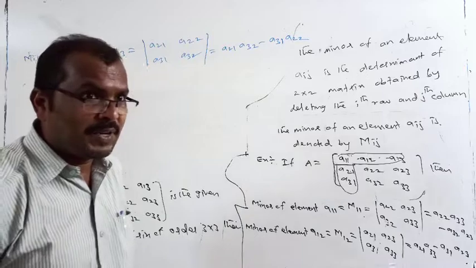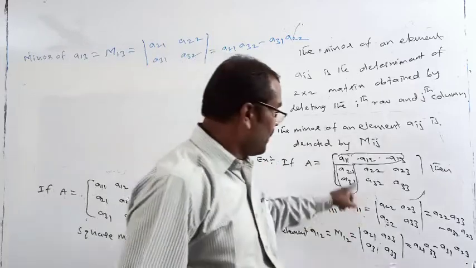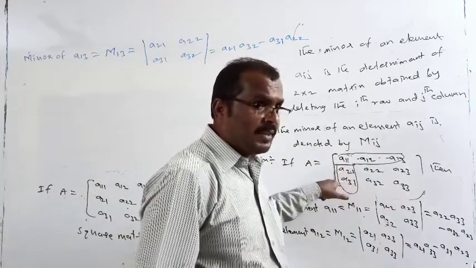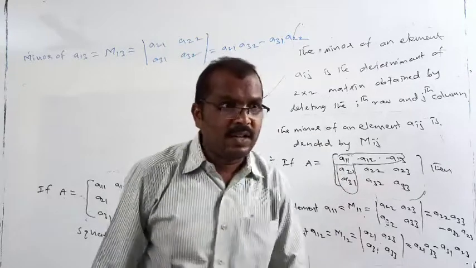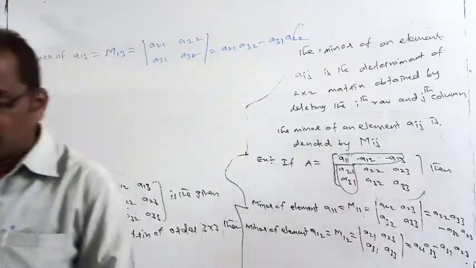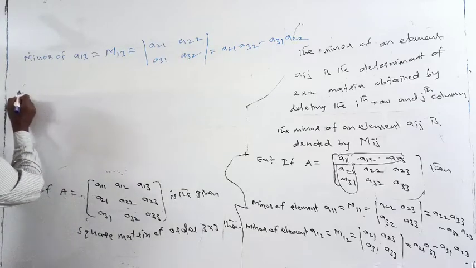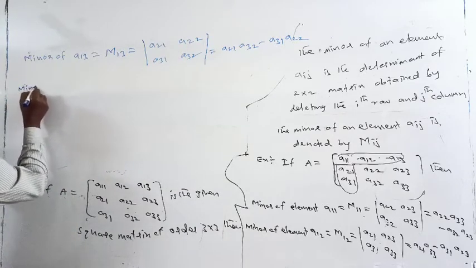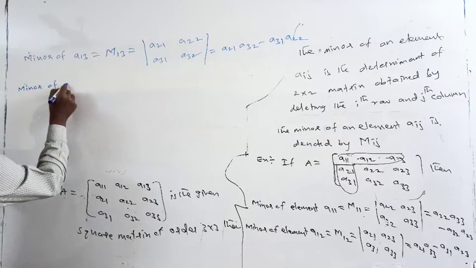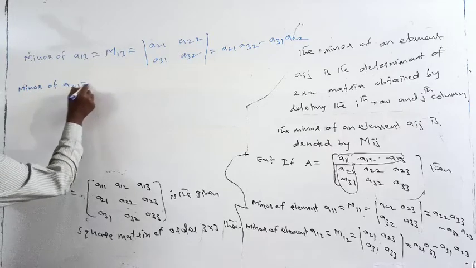How many minors are possible? For each element there is a minor. We have 9 elements, which means 9 minors for the 9 elements. Next, the minor of A21 is M21.